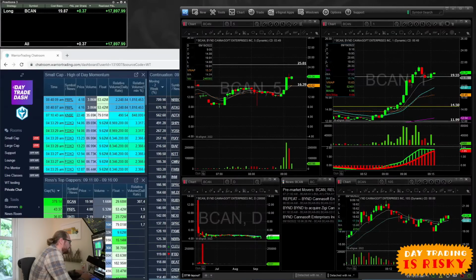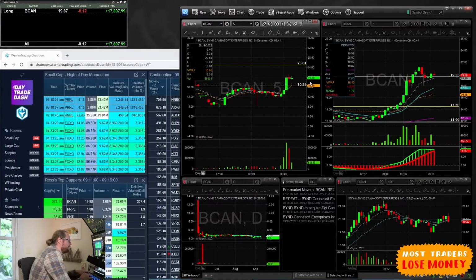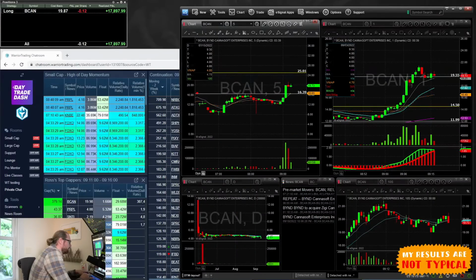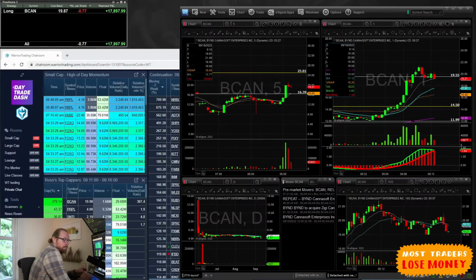So this area does have a higher risk of a false breakout on BCAN, just because it's a red candle that preceded this 5-minute candle. Right?